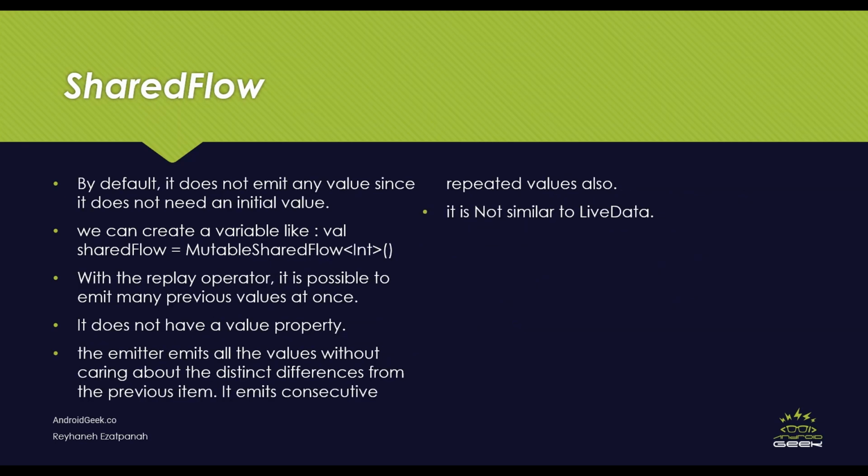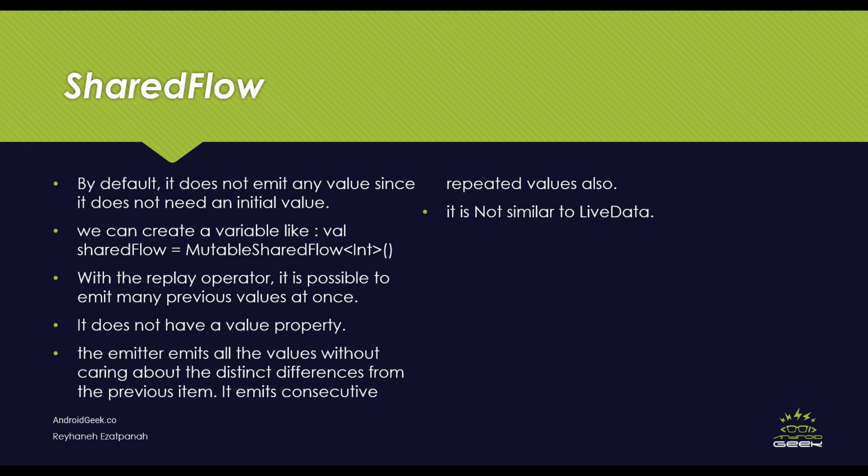So here there are some differences between SharedFlow and StateFlow. A SharedFlow by default does not emit any value since it does not need an initial value. We can create the shared variable like this, as you can see.